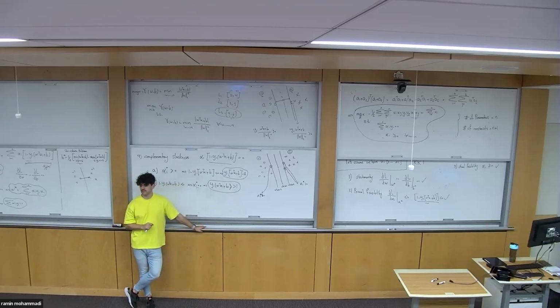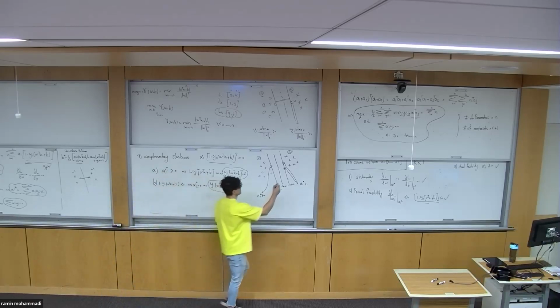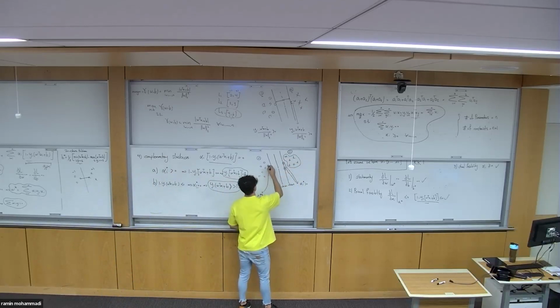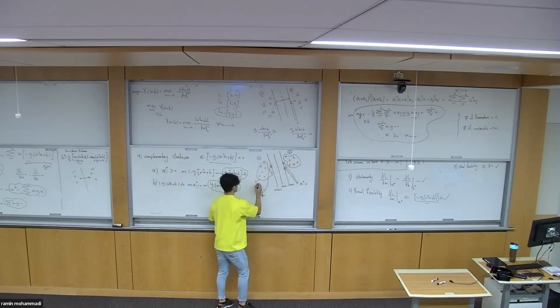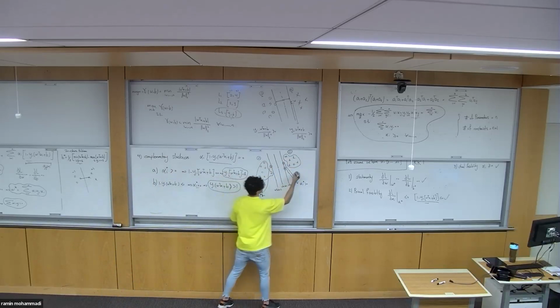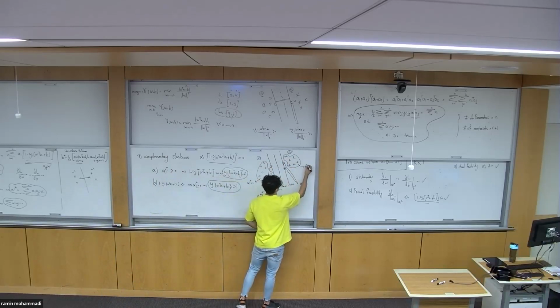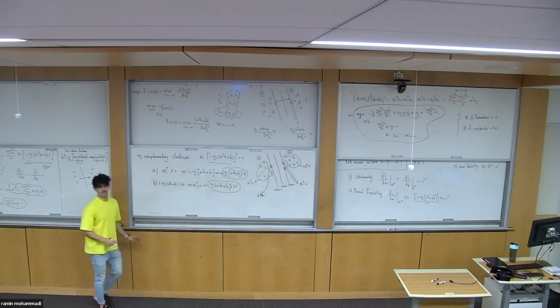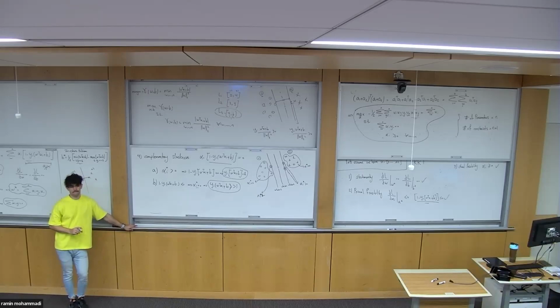Which points does it refer to? The interior points. All other points, right? This and this. Is that correct?